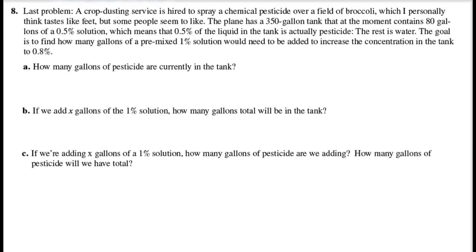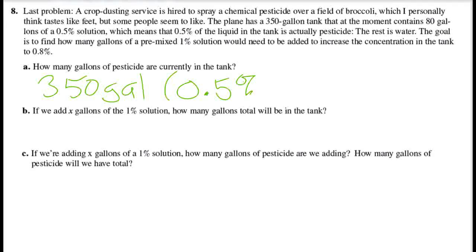Okay. So how many gallons of pesticide are currently in the tank? So we've got 350 gallons. I'm sorry, you should stop the video and answer these questions yourself, then come back and check your answers. Anyway, 350 gallons times, assuming you have worked this out on your own, 0.5%.